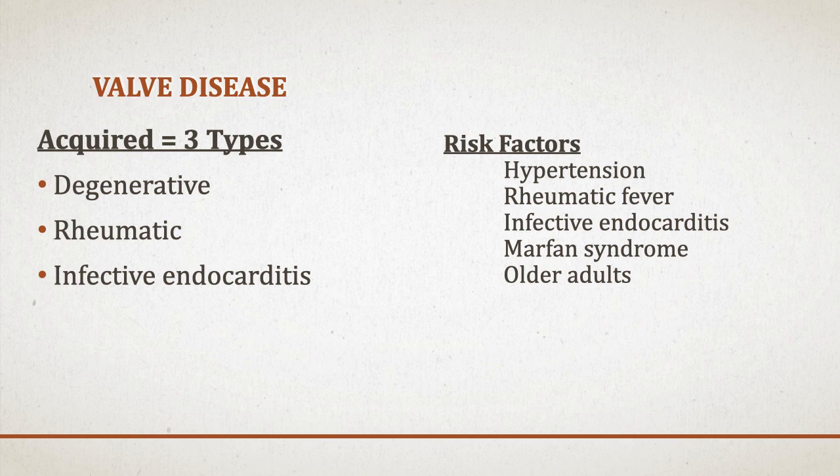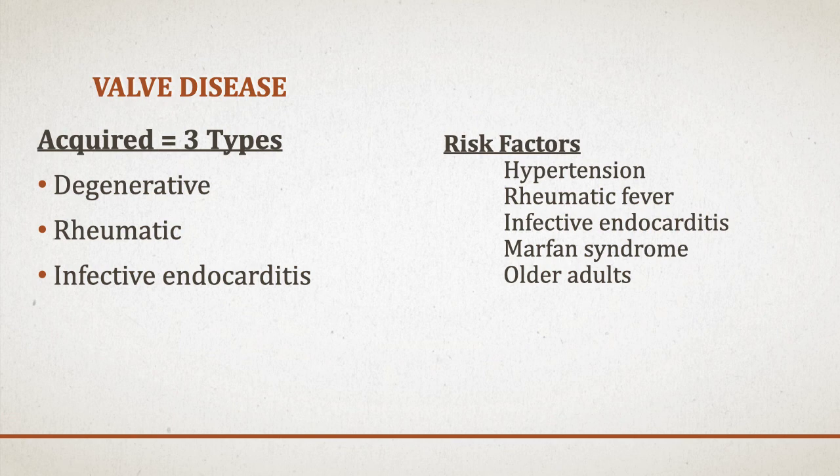Now, one way that we confirm or we look at those structural changes is through a transthoracic or transesophageal echocardiography. And that's the best technique to identify those structural changes as a result of the aging process, as a result of the hypertension, as a result of the rheumatic fever, the infective endocarditis, and the Marfan syndrome.